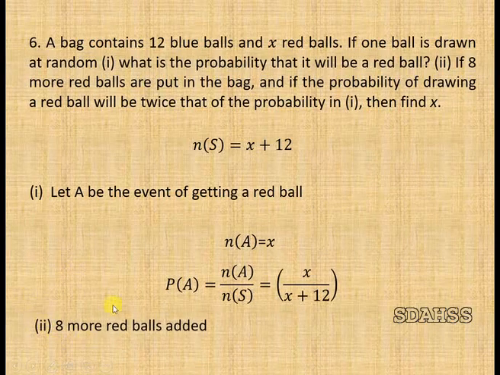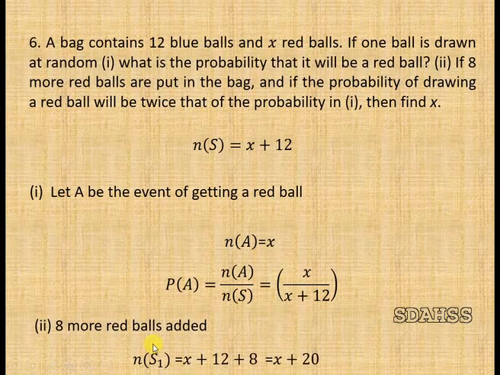Subdivision 2. If 8 more red balls are added, already x red balls are there, and 8 more red balls are added. Now n of s1, let us assume n of s1 is equal to x plus 12 plus 8.